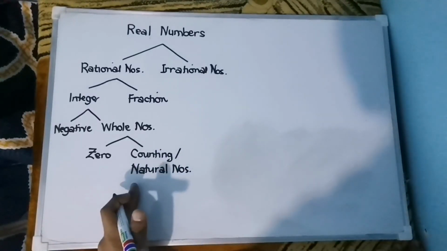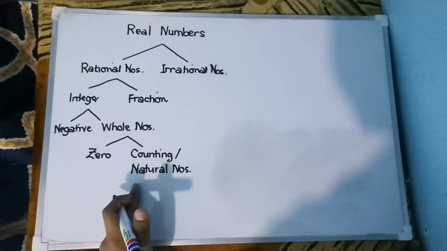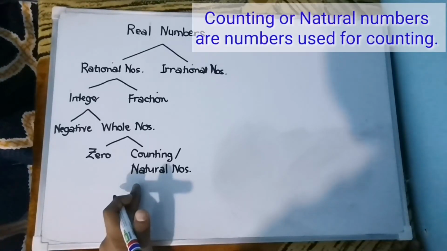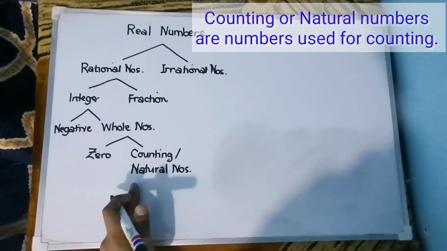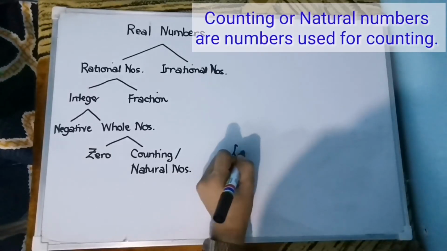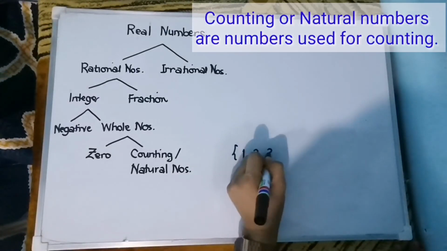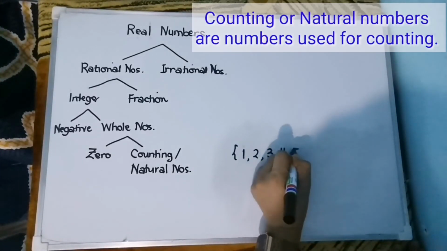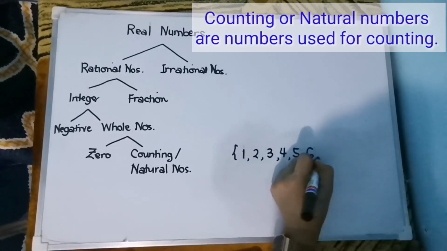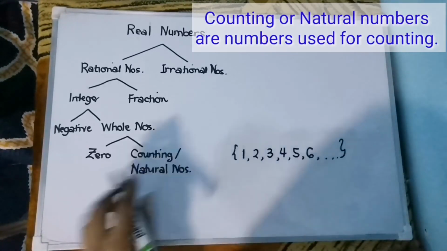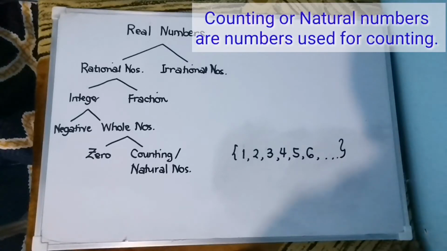And then, when we say counting or natural numbers, are numbers used for counting. So, ano ba yung mga numbers used for counting? So, we have your 1, 2, 3, 4, 5, 6, and so on. So, ito yung tinatawag nating counting or natural numbers. So, hindi included dito yung 0.